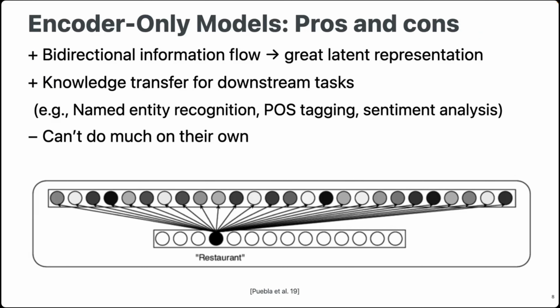But one of the reasons I think it hasn't flourished so much is that on their own they are just an encoder. They produce great latent representations, but they don't do much without further fine-tuning and adding additional prediction heads, and so on.